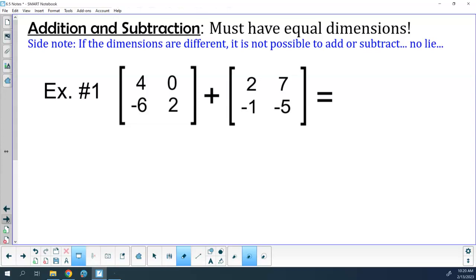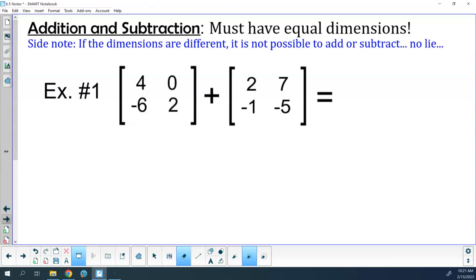So, rule number 2 of matrices is that if you are going to add or subtract them, they have to be exactly the same size. If they are not exactly the same size, there is no possible way that you can add or subtract them.